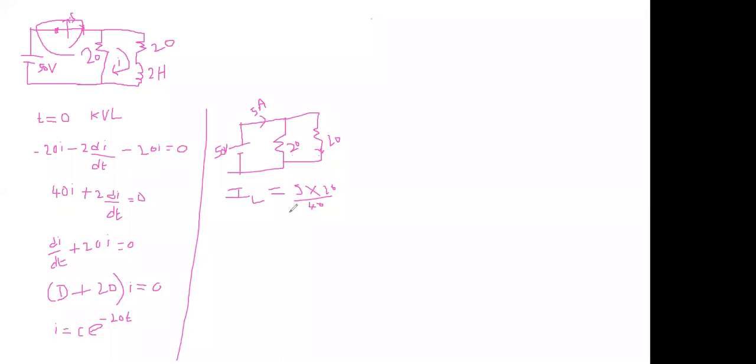Finally, 2.5 ampere. So the current in the inductor is 2.5 ampere when the switch is closed, for DC voltages, the inductor acting as a short circuit.